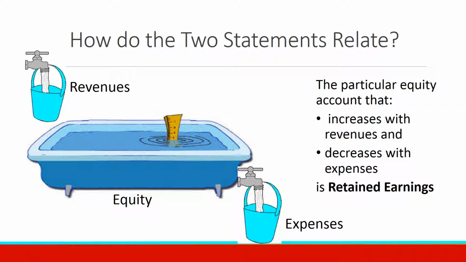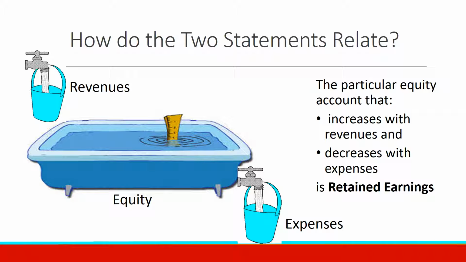One of those equity accounts is called retained earnings. So you can see depicted in this graphic of a bathtub the quantity of resources provided by the owners with the label equity. One of the main ways that equity increases is through revenues, and you can see that as the inflow from the spigot going into that first bucket.